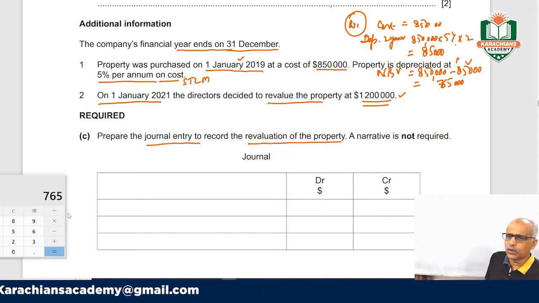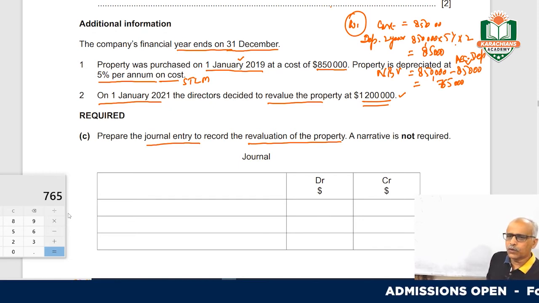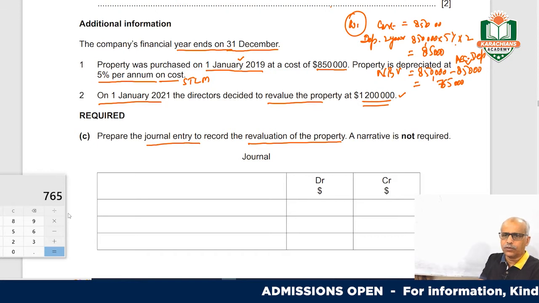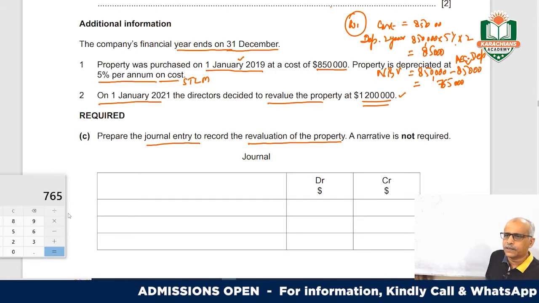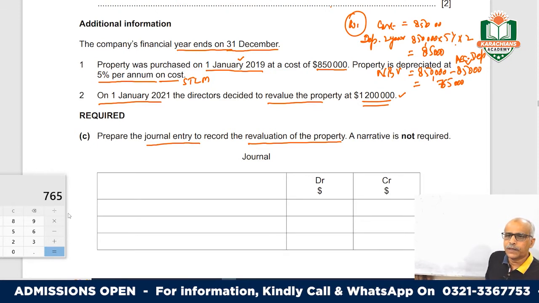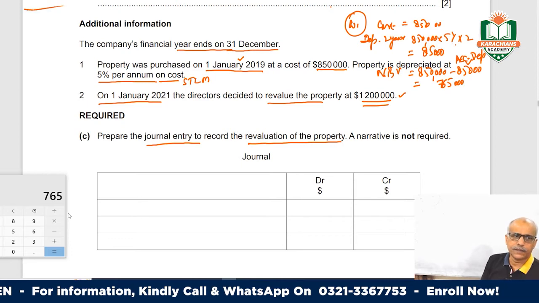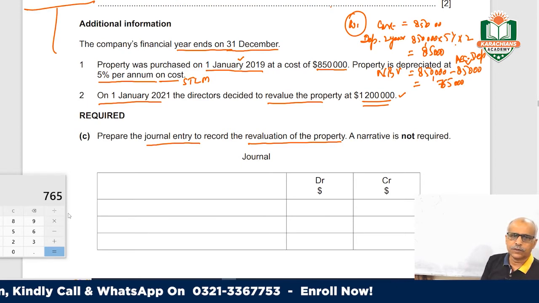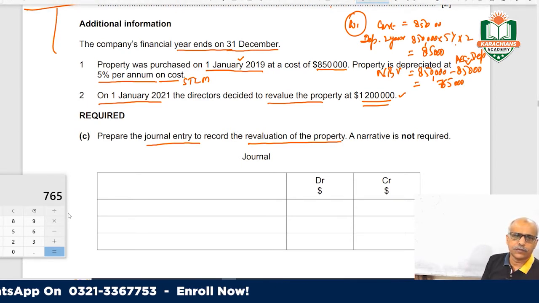But this is accumulated depreciation, right? And you know very well, accumulated depreciation has a credit balance.